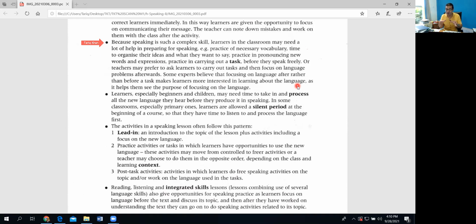So let them talk freely on a topic, in whatever way it comes to their mind, it's fine. That's what is needed for speaking. That's how they learn speaking. So experts say you focus on the accuracy correction of the language after the task, not before.